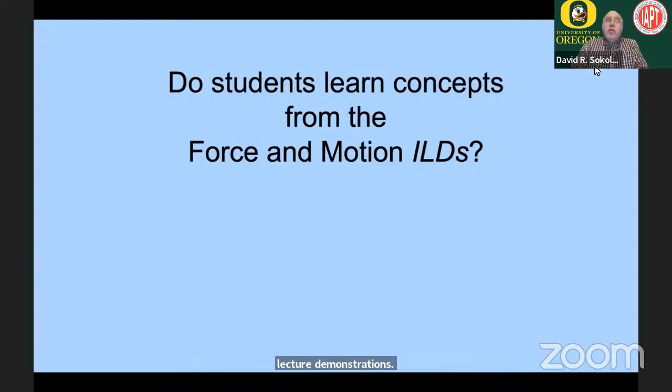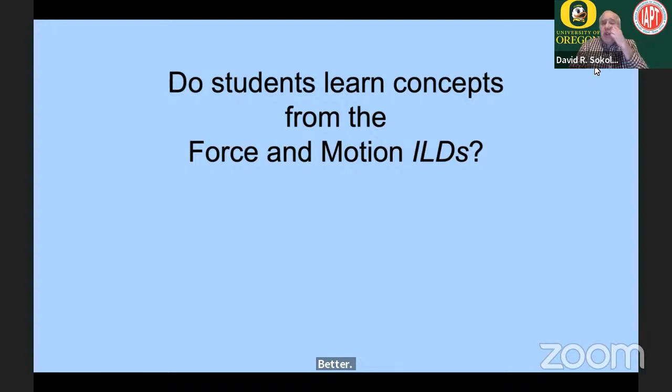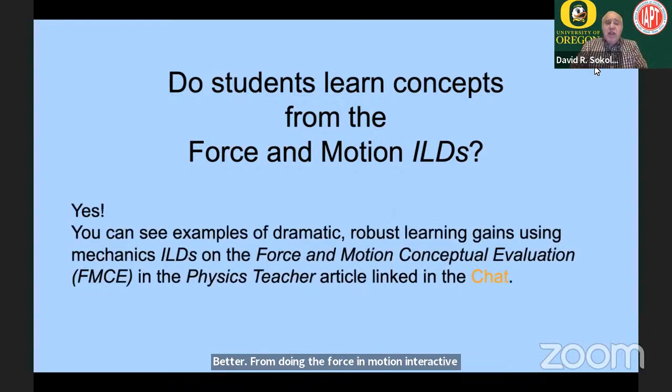We do a lot of these in the introductory class when I teach it. And of course, the question is, do students learn concepts better from doing the force and motion interactive lecture demonstrations? You can find the answer to that question in a paper that was published a while ago in the Physics Teacher.